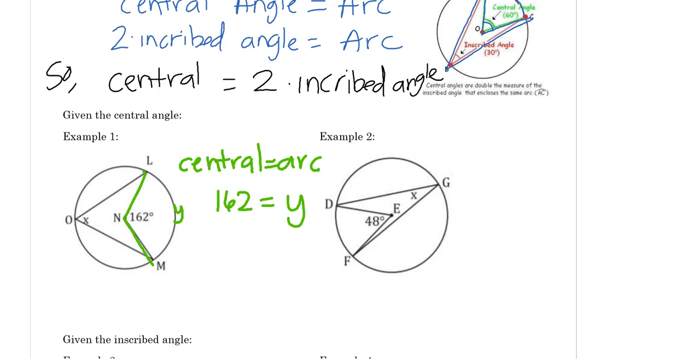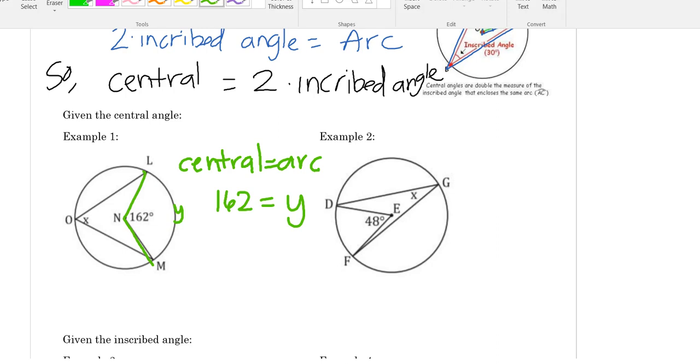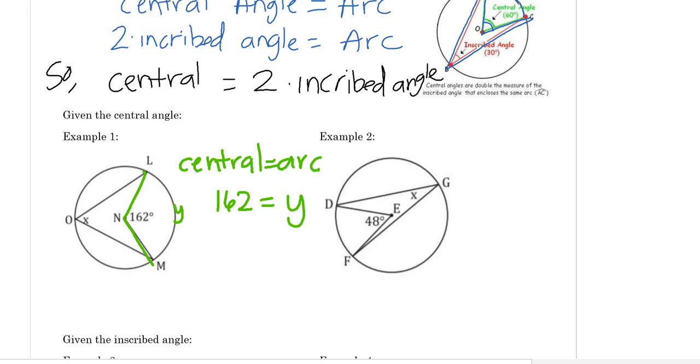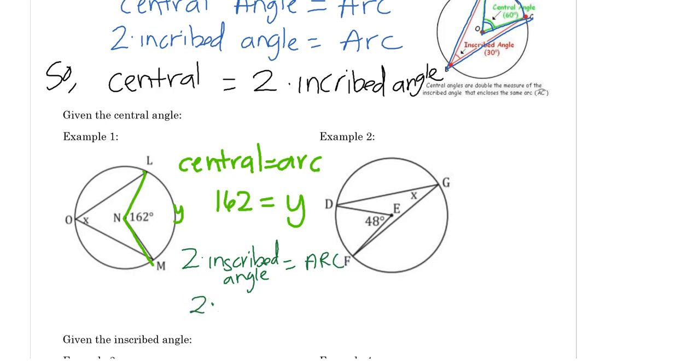If I'm trying to find out what X is, my inscribed angle: 2 times an inscribed angle is going to equal our arc. Well, 2 times our inscribed angle right there is X, so I'm going to put 2X.